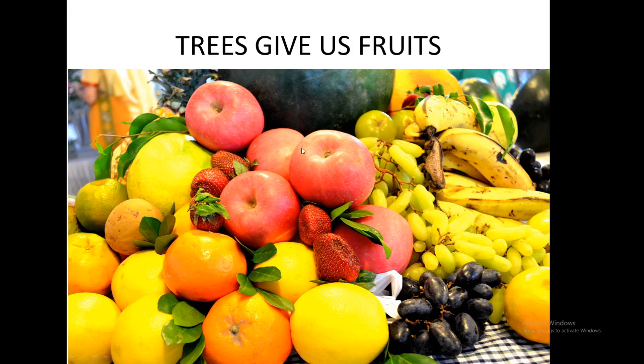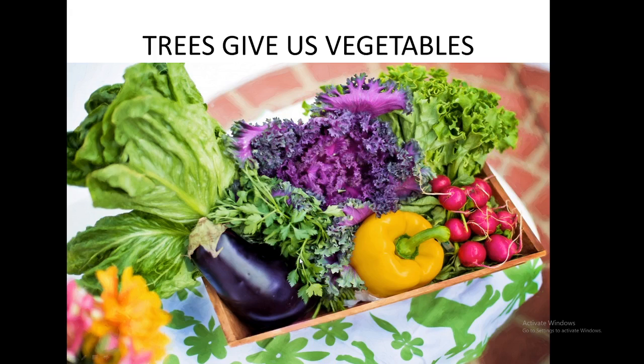Then they give us fruits. So many fruits, like apple, strawberry, orange, banana, grapes, or mango. See, these fruits give us vitamins and minerals, right? We can say they are protective food. Then they give us vegetables.